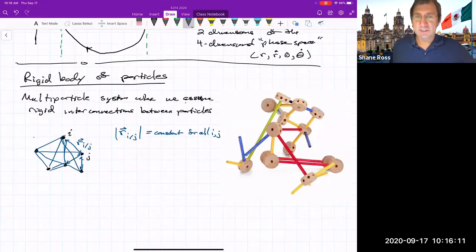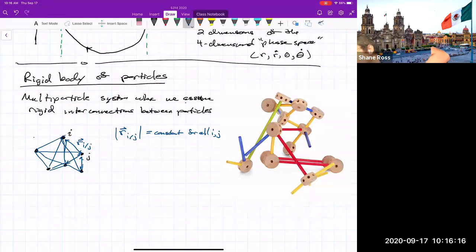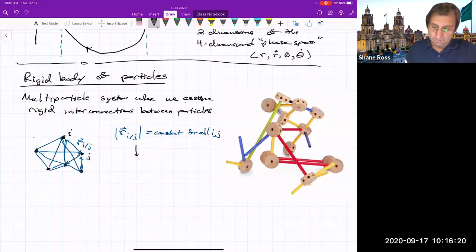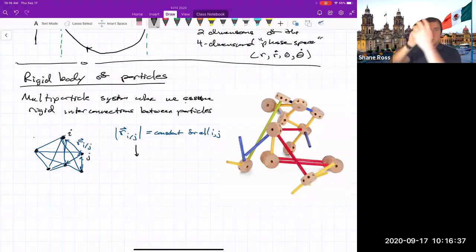Okay. So it looks like a crystal structure or something, or Tinker Toys. If they're rigidly attached, the distance between them isn't changing. The orientation of the vector could, because we could pick up the Tinker Toy and move it around. We could translate it in 3 dimensions, and then we could rotate it. Rotations can be described by 3 rotation angles: yaw, pitch, and roll.